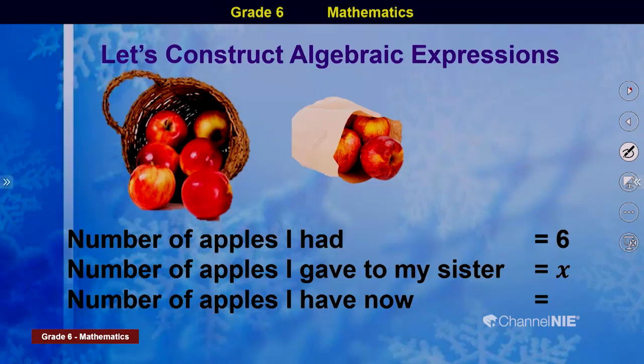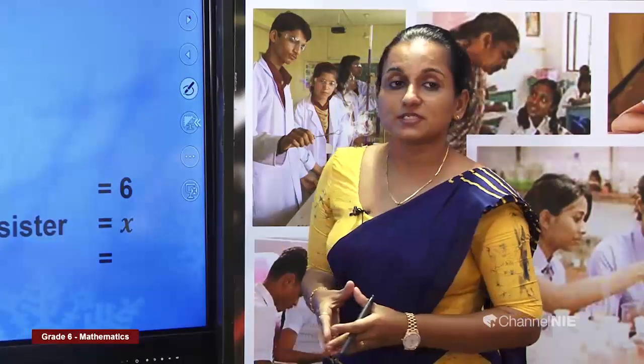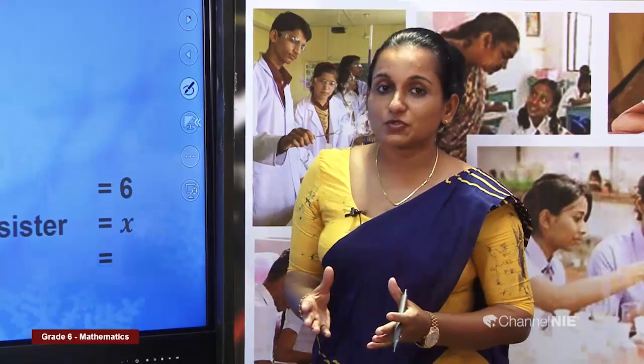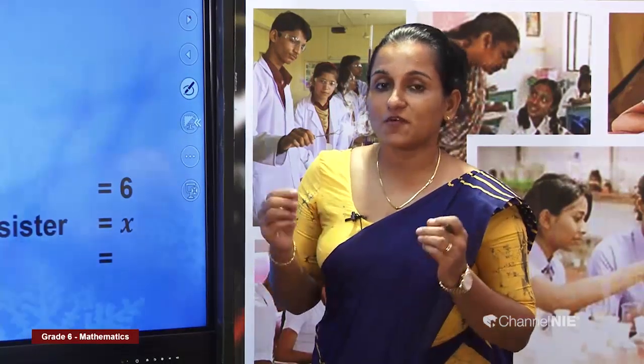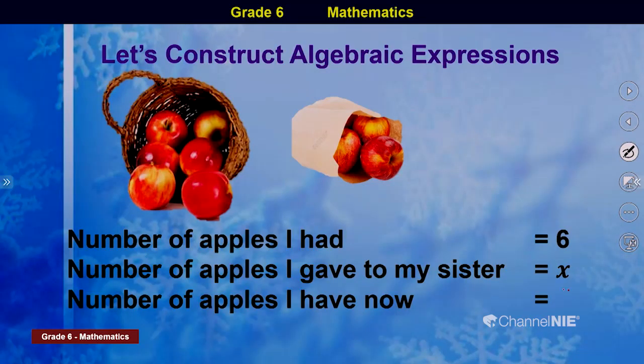Number of apples I gave to my sister is an unknown, so I used an algebraic symbol for that. Then what shall we do to find the number of apples I have now? There were 6 apples. I gave x apples to my sister. Then the apples remaining with me is 6 minus x.